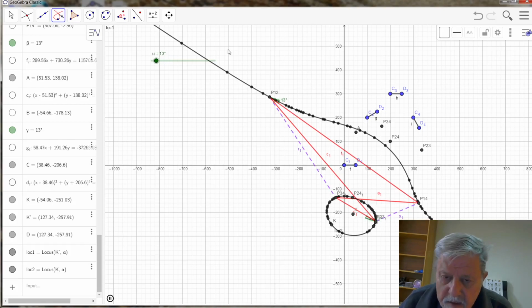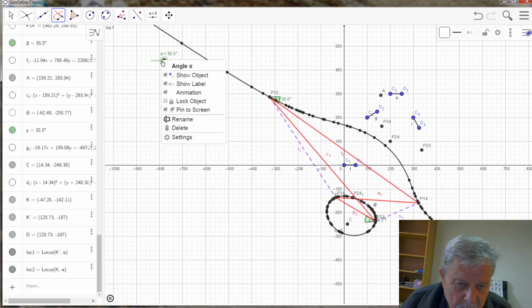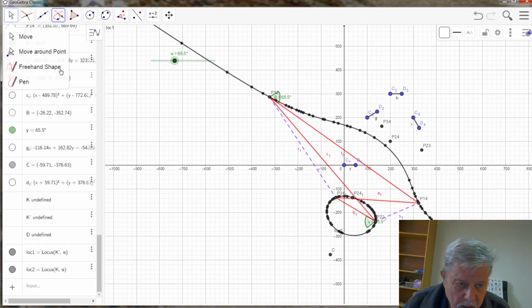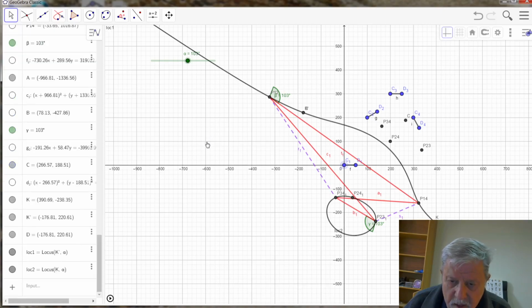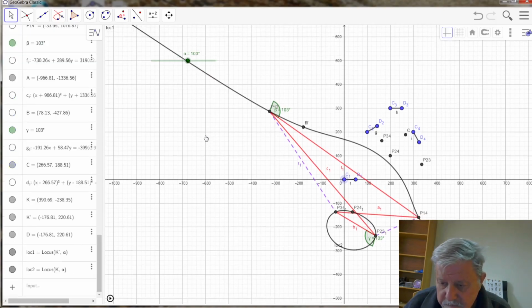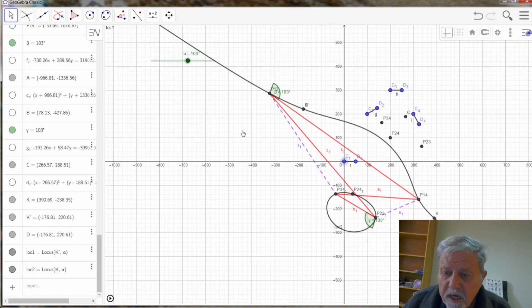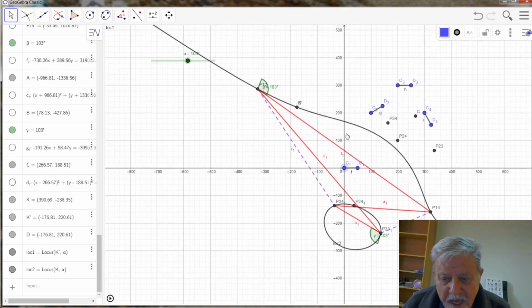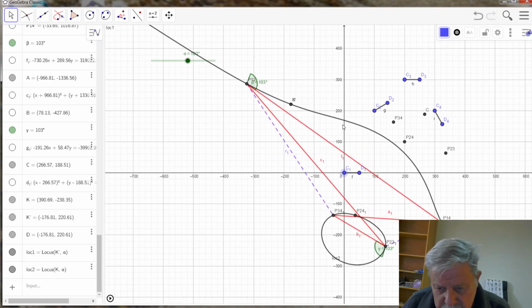First of all, I will stop this. It really slows down. What I will do is select two points, A, B on this curve.